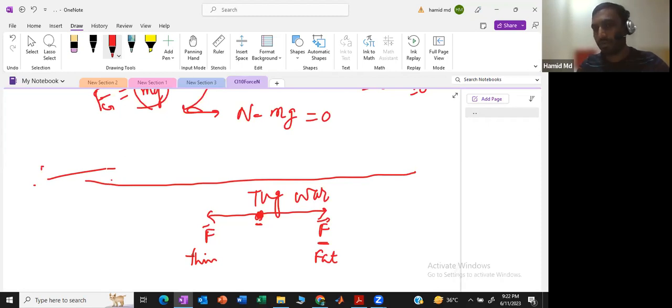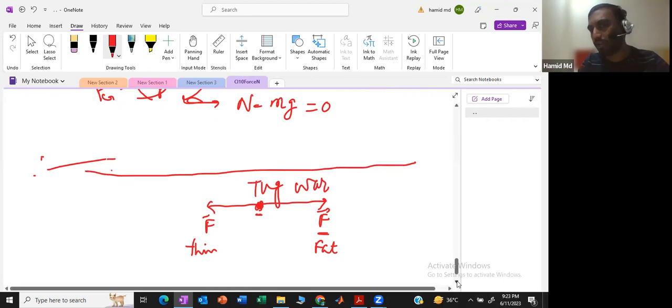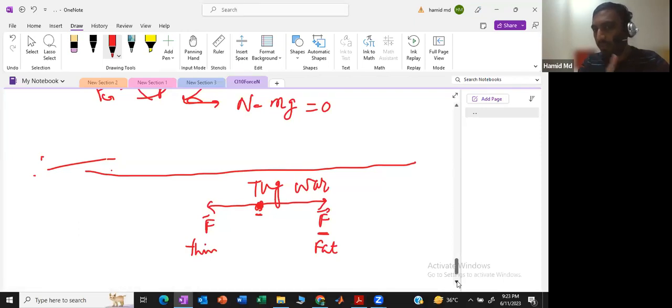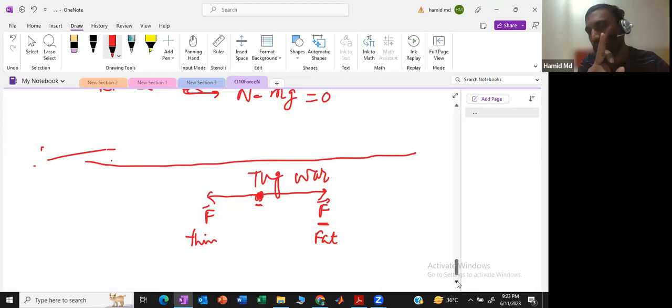So if the force is equal, the particle will remain in its state of motion, either stationary or in motion. In the absence of unbalanced force, the particle always remains in the state of rest or in motion.